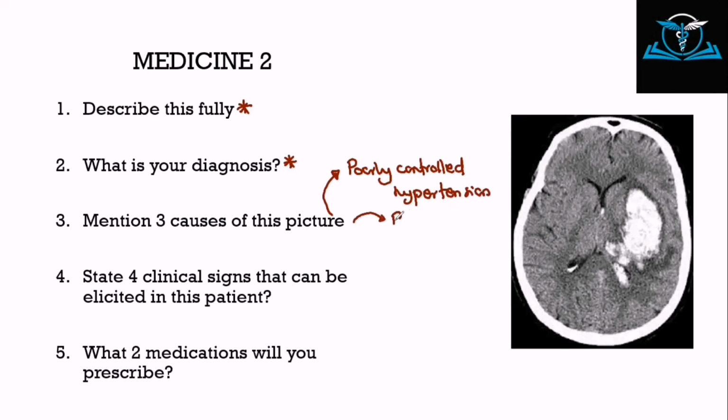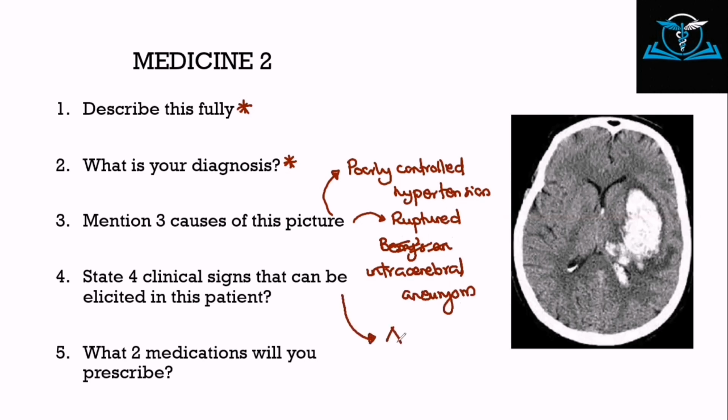You come to a ruptured Berry's, or you can say ruptured intracerebral aneurysm. Amyloid angiopathy. Is that okay?